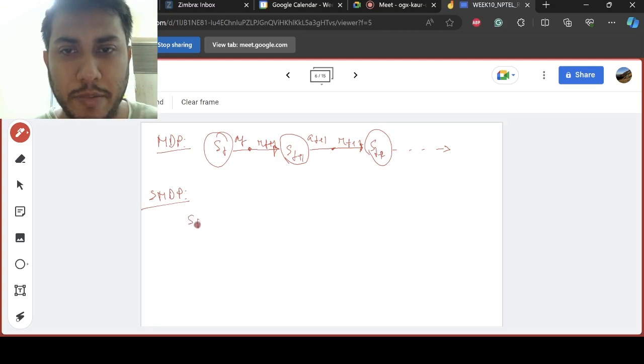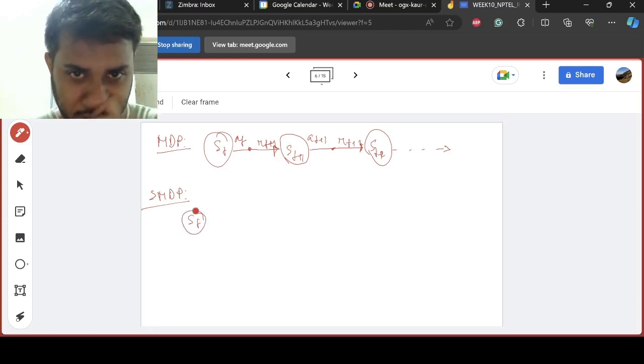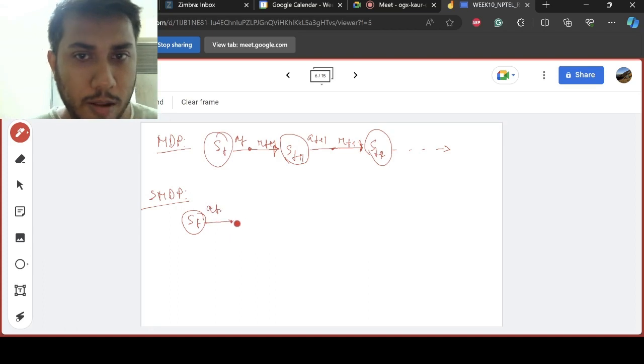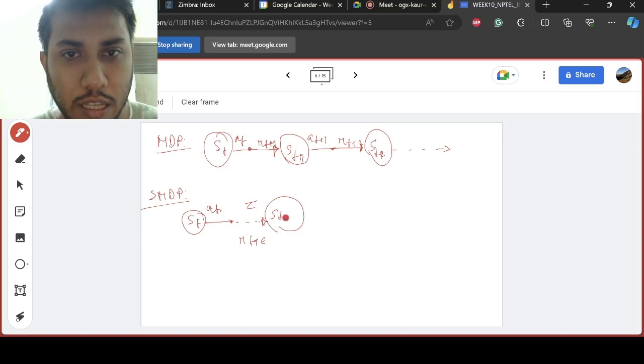So what is SMDP? You have a state, you take an action based on the state, and wait for tau seconds, and you get a reward r_t+tau, and you go to state s_t+tau, right?